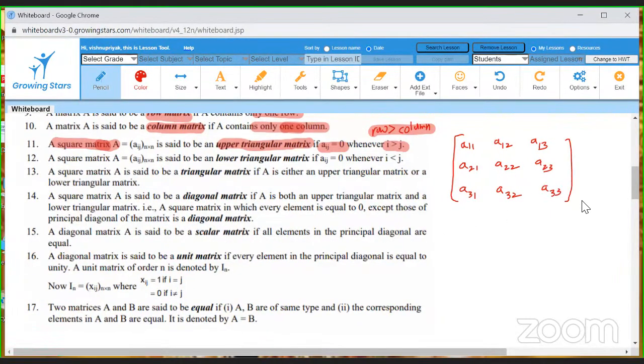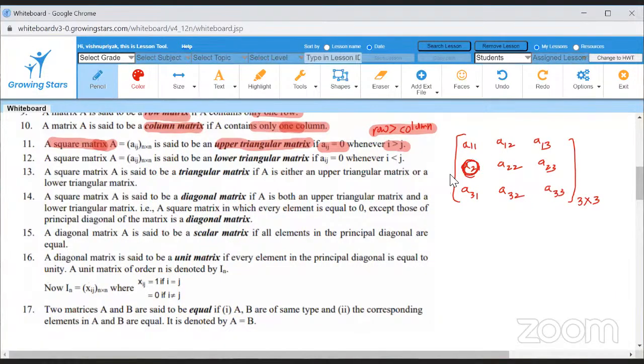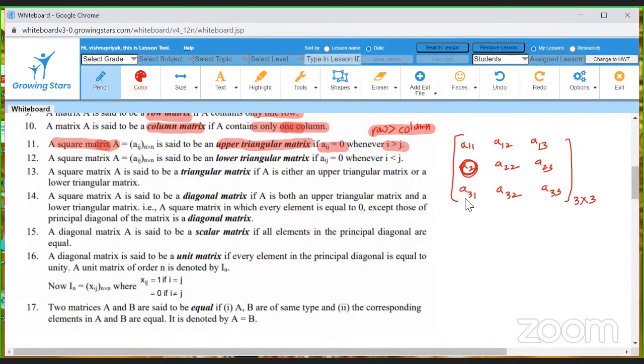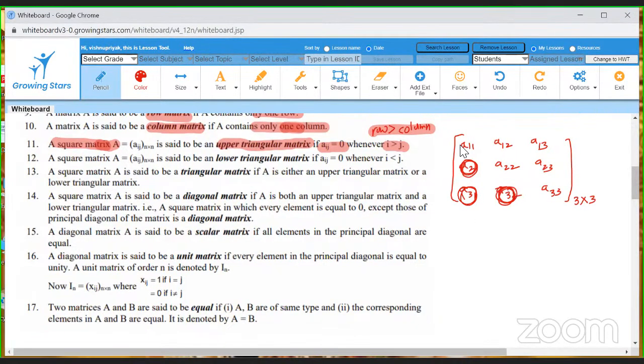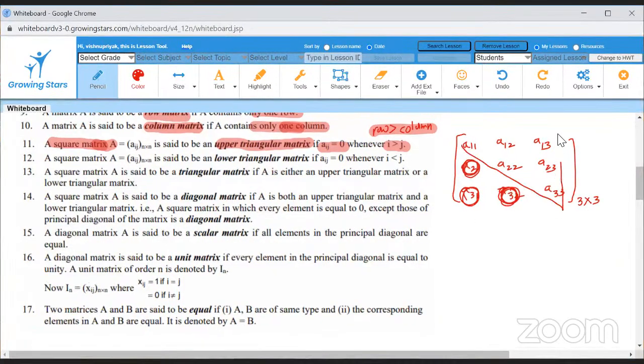This is 3 rows, 3 columns. Whenever the row is greater than the column, this is 0. All these are zeros. So this is called an upper triangular matrix.